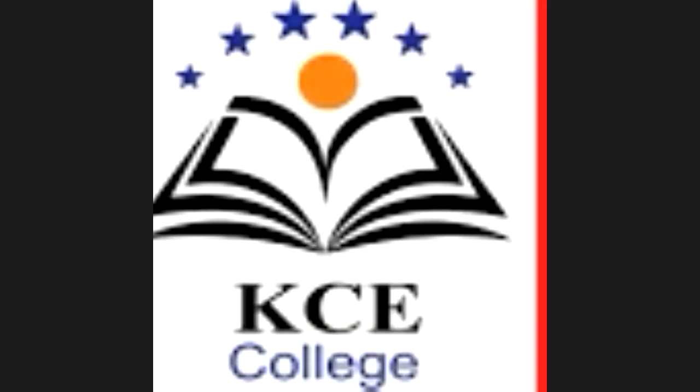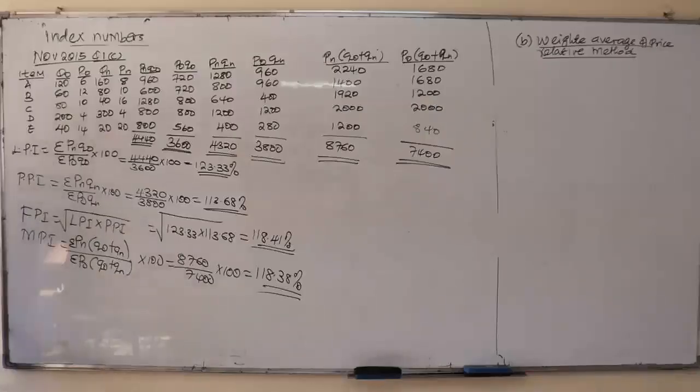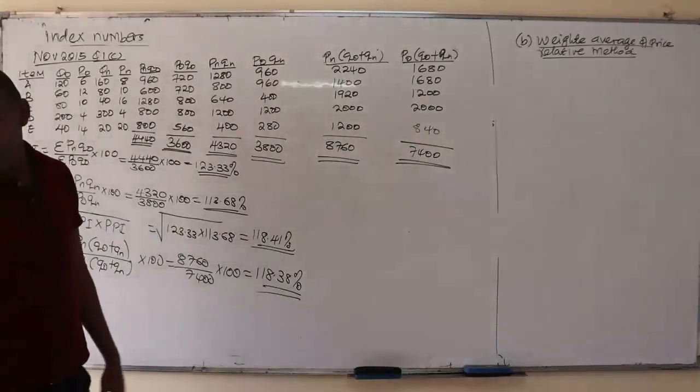And the values are obtained by multiplying the quantities with the prices.